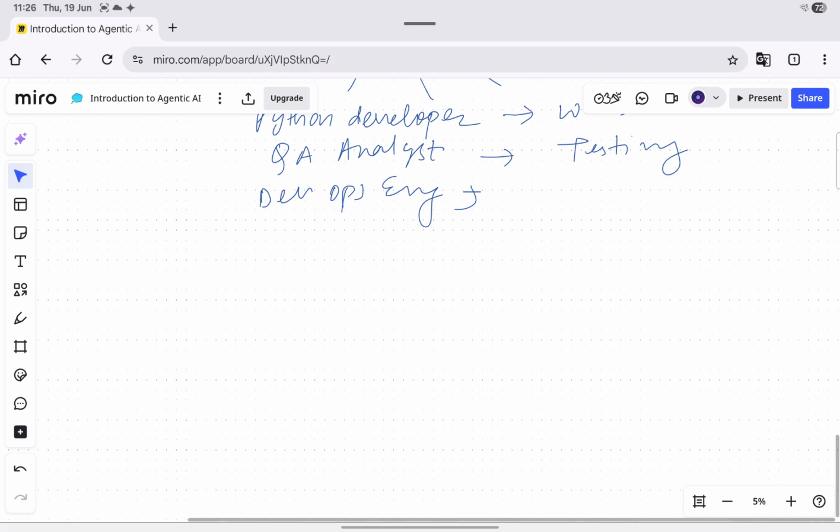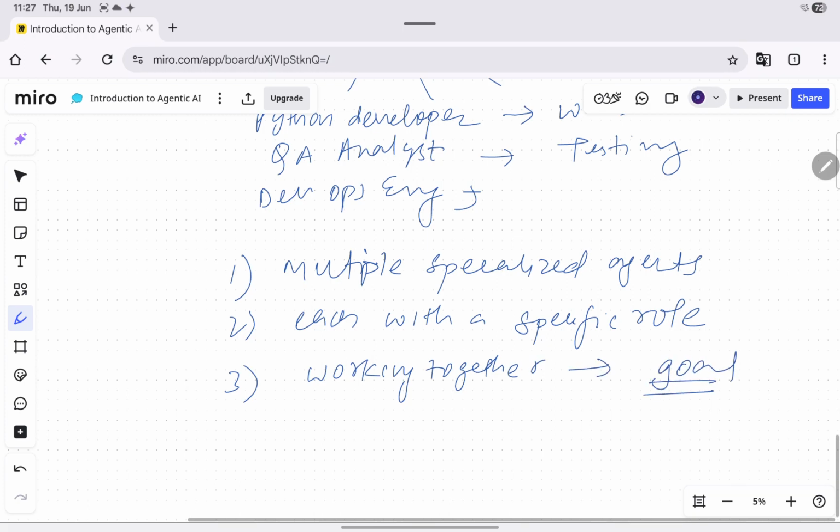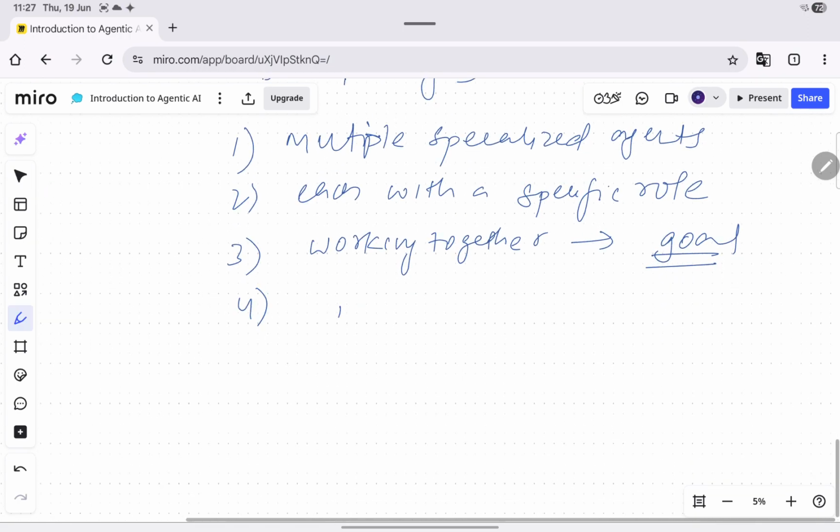So instead of one AI trying to do everything, you have multiple specialized agents, each with a specific role, working together to achieve a common goal with minimal human intervention required.